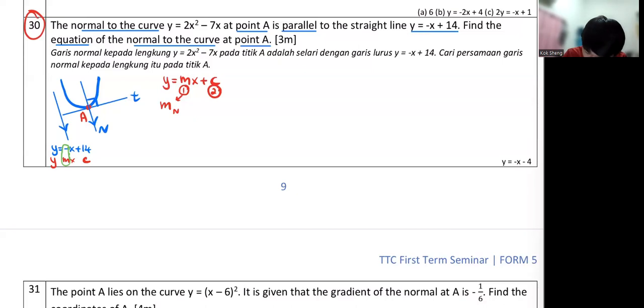So the gradient for this is -1, which means the normal is also -1, because of the parallel, same gradient. So yeah, we already have the gradient of the normal. -1.